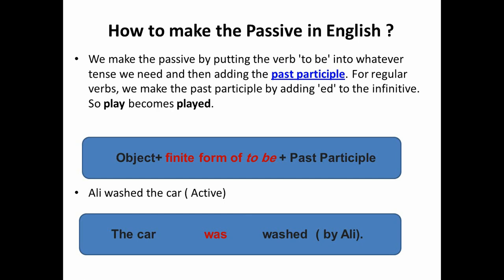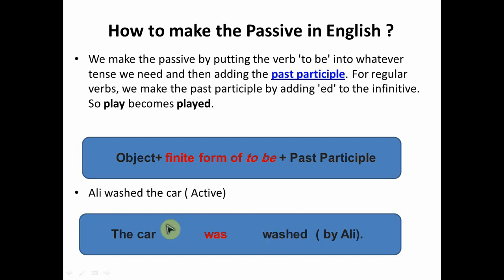So you can say by Ali, or by plus the subject, okay? Or you maybe don't use it, okay? So you have to decide what you do to the subject. So here, the whole sentence is the car was washed.